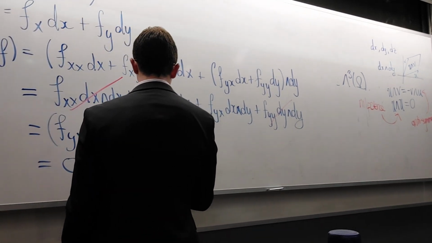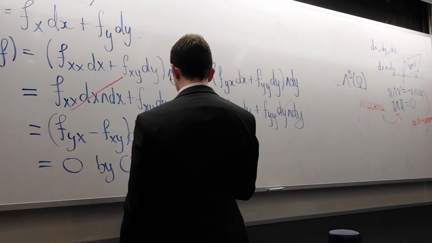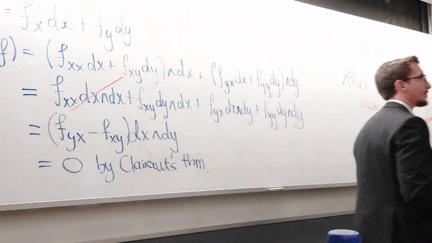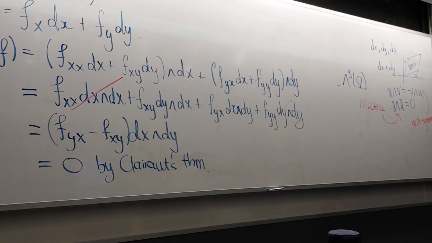By Clairaut's theorem. What do we see? The exterior derivative of the exterior derivative is always 0.